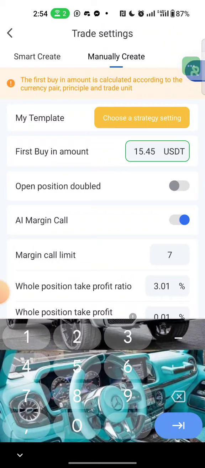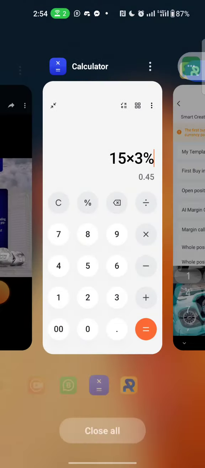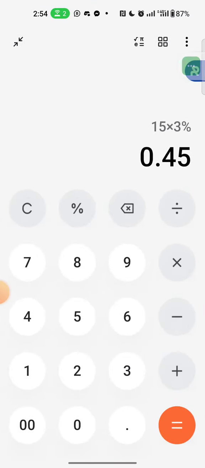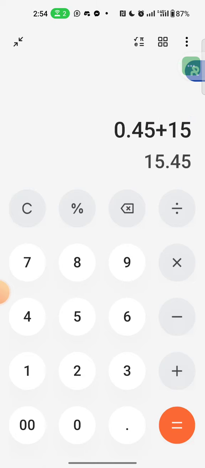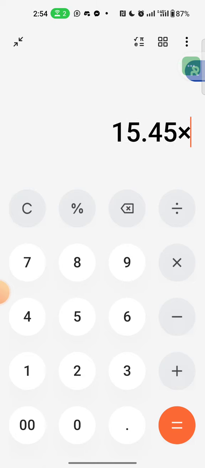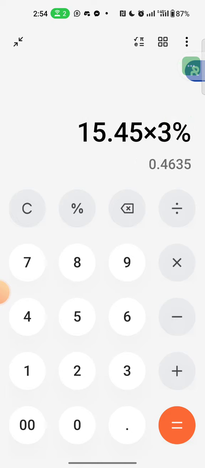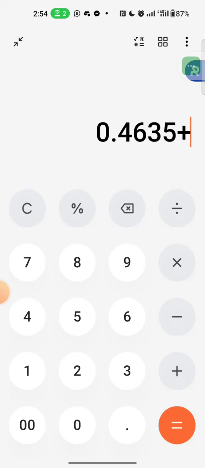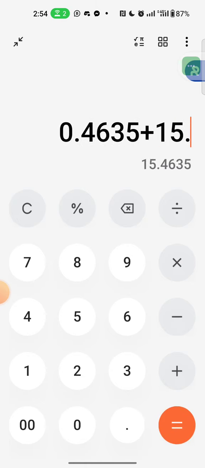You can do this manually with a calculator. If this sells and I take another trade, my next trade will be 15.45 times 3%, plus 15.45.